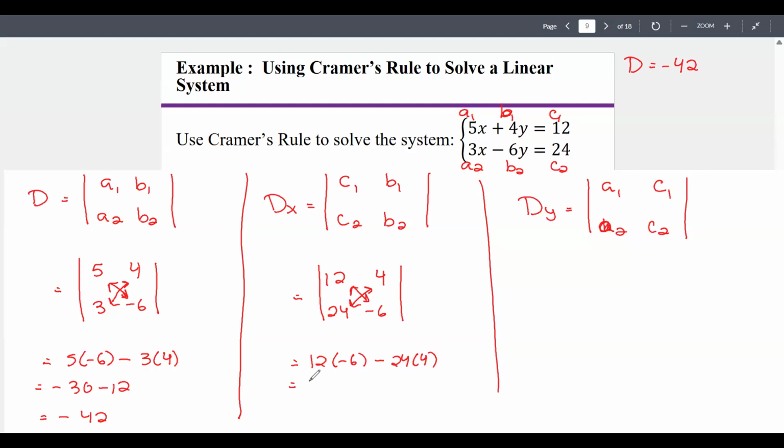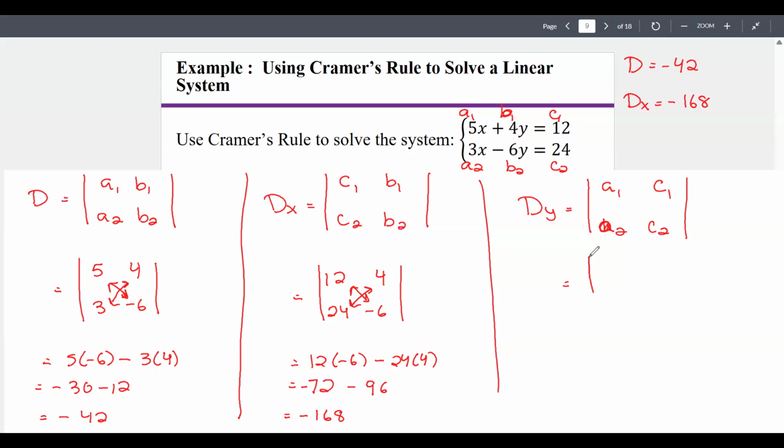So I think this is -72 minus 96. That's going to be -168. Yep, that's what it should be. So dx is -168.